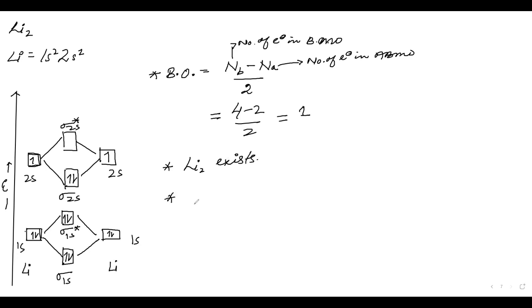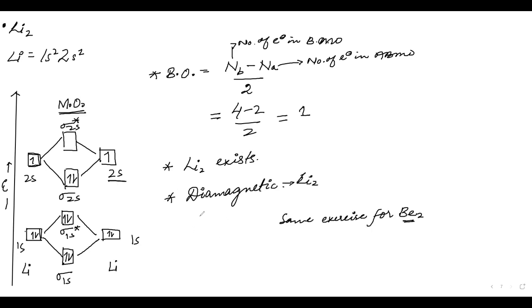The next point, paramagnetic or diamagnetic? Diamagnetic. Okay. See, we didn't do one thing. We didn't write the electronic configuration of Li2. We will write it sigma 1s2, sigma star 1s2.